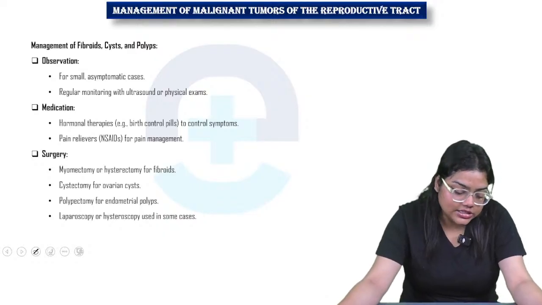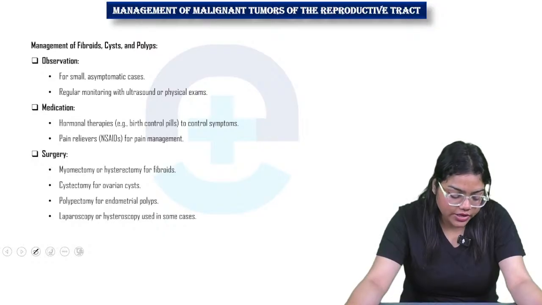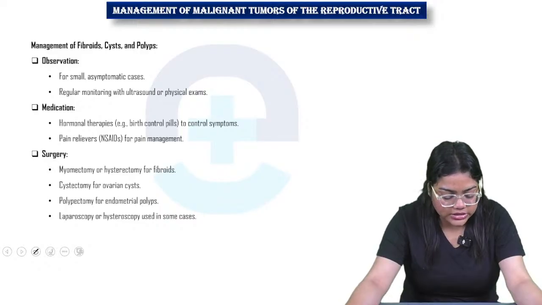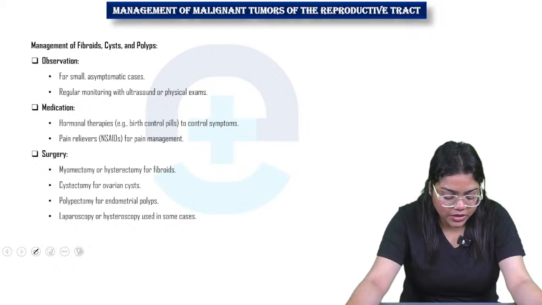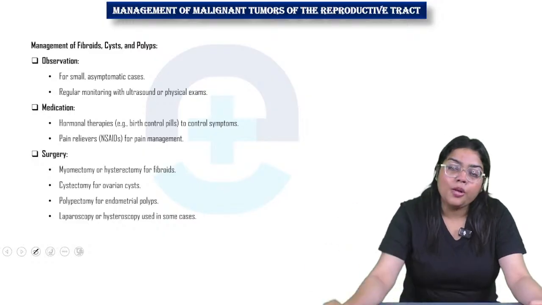Then surgery. In the case of fibroids, we can go for myomectomy or hysterectomy, cystectomy for the ovarian cyst, polypectomy for the endometrial polyps, and laparoscopy or hysteroscopy used in some cases of fibroid, cyst or polyps.